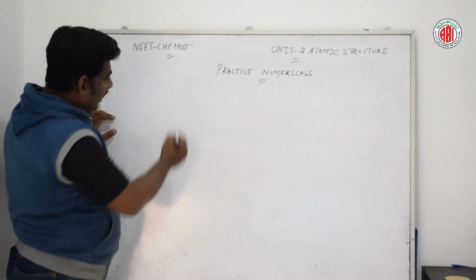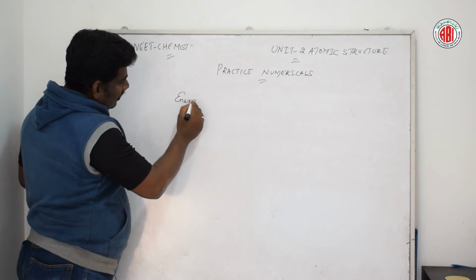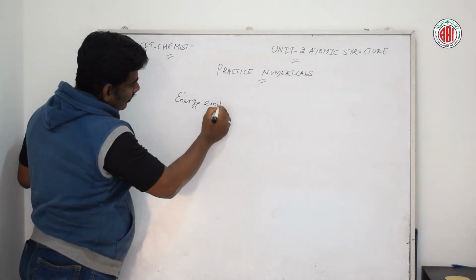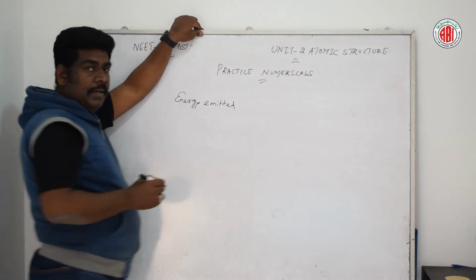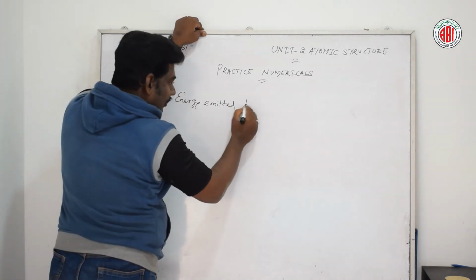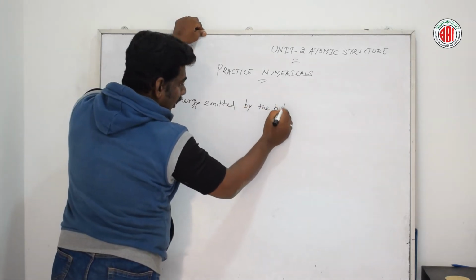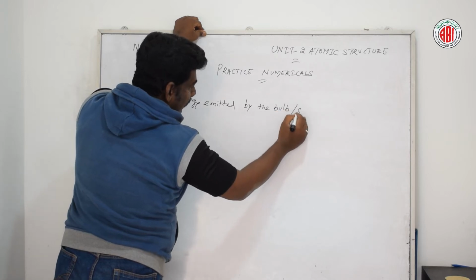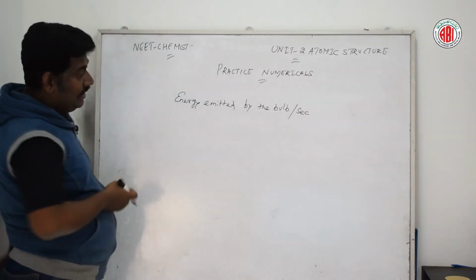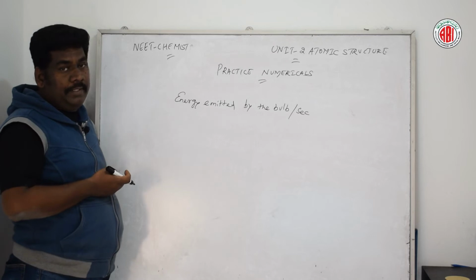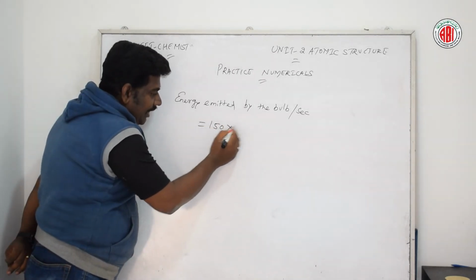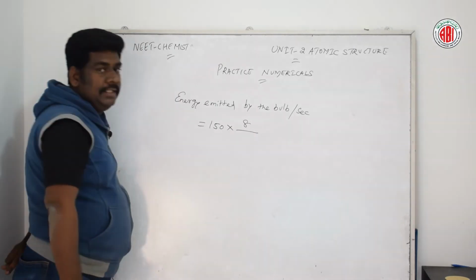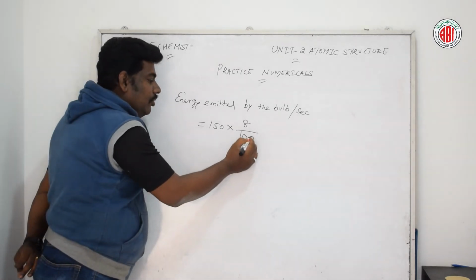So the energy emitted by the bulb per second is 150 into 8 by 100 joule.